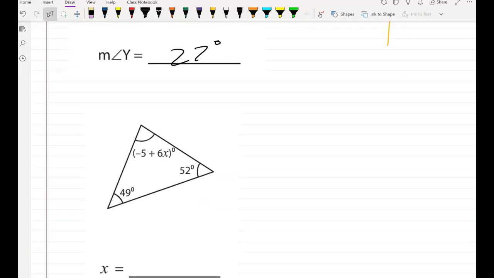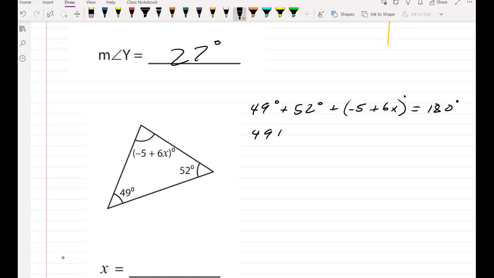And let's take a look at this question here. Remember, all three angles have to add up to 180 degrees. So that means that 49 degrees plus 52 degrees plus negative 5 plus 6x has to equal 180. So let's see here. We're going to rewrite this.